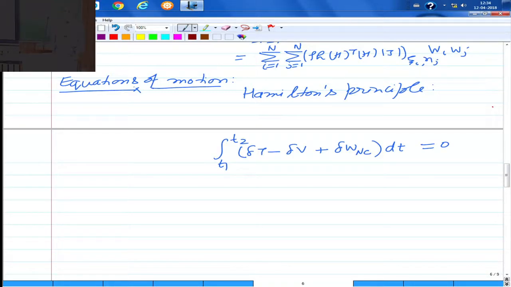At t1 and t2 we are assuming that the configuration of the body is known, so the variation in the motion variables, in this case the vector of elemental degrees of freedom, would actually be 0. This we call Hamilton's principle.